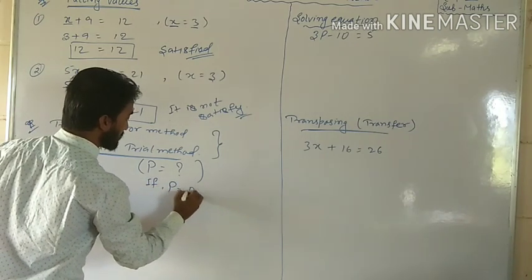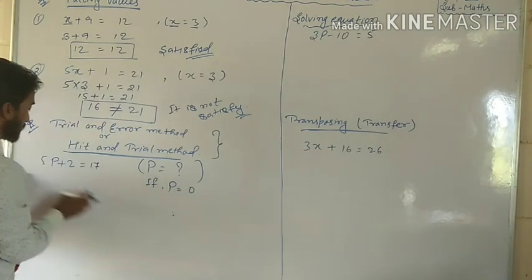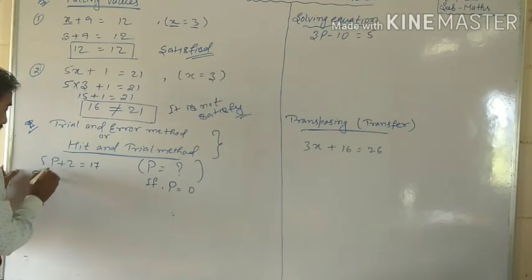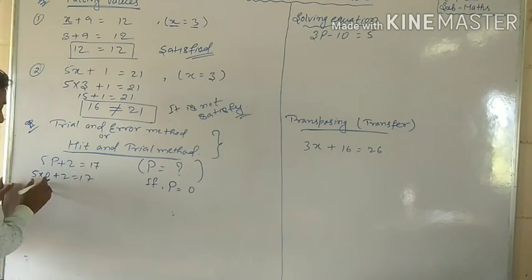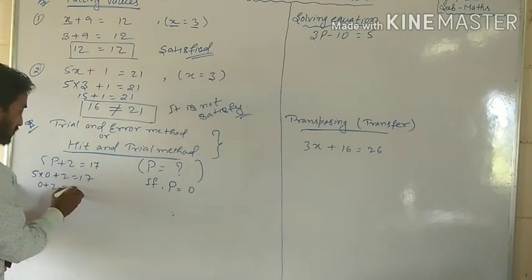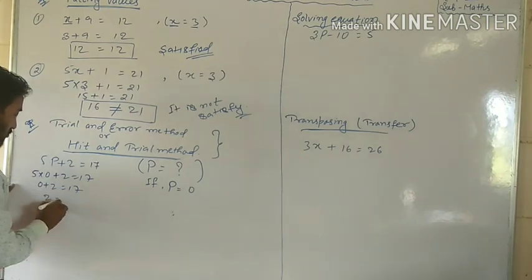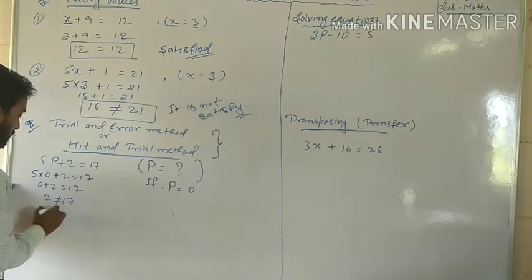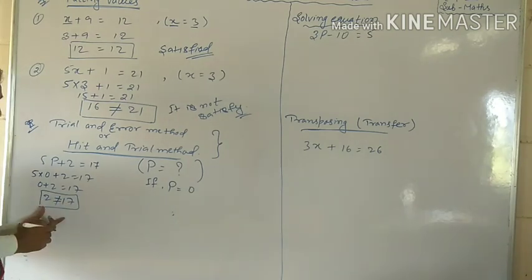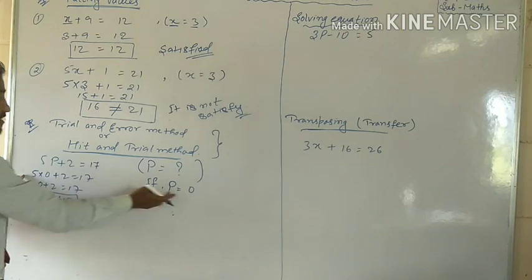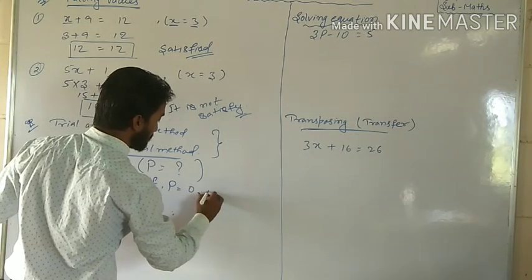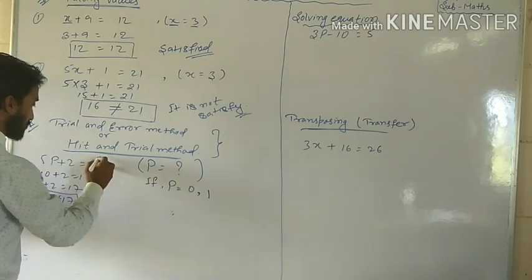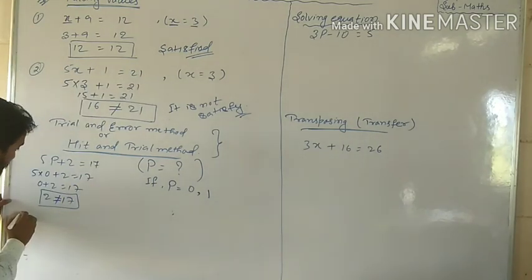So we will start with p is equal to 0. Then 5 into 0 plus 2 is equal to 17. 5 into 0 is 0, plus 2 is 2, is equal to 17? Students, is it satisfied? No. P is equal to 0 is not satisfied. Now we put p is equal to 1.